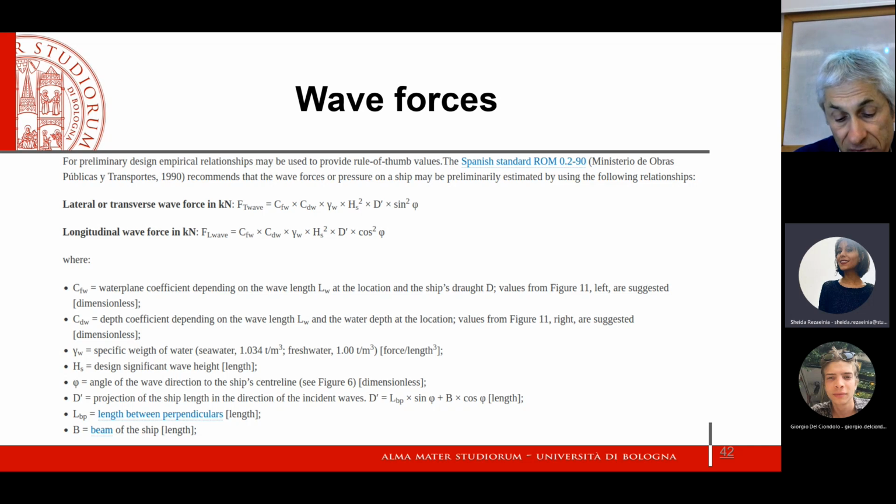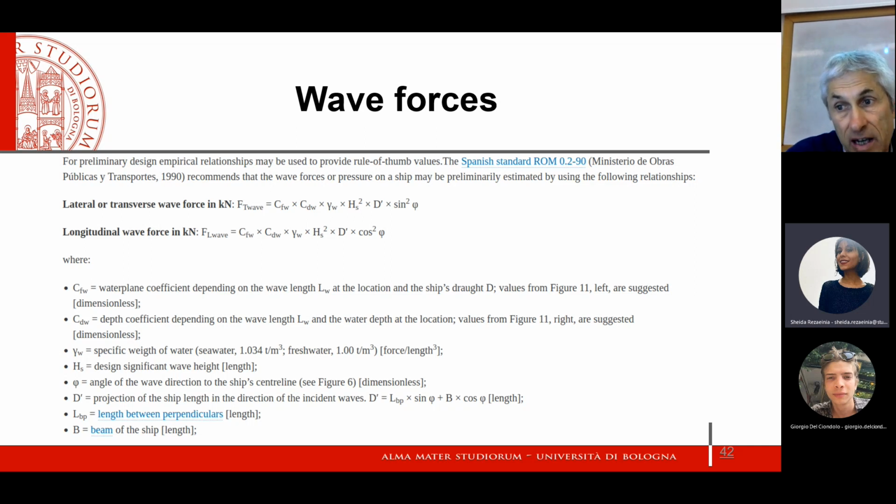And then we have gamma W, which is the specific weight of water, which is the analog of the specific weight of air that we considered for the wind forcing. And then we have the sin square and cosine square of the angle phi.